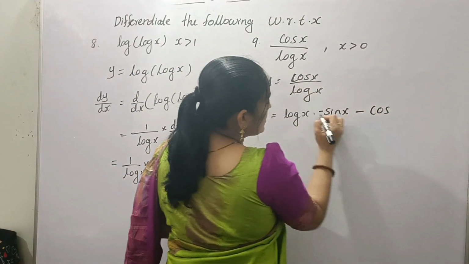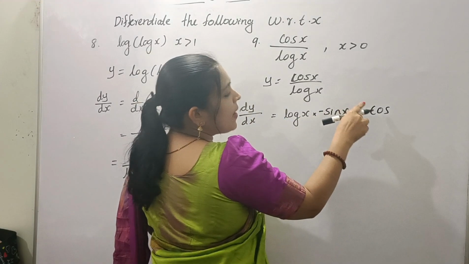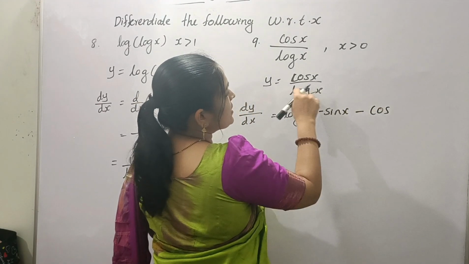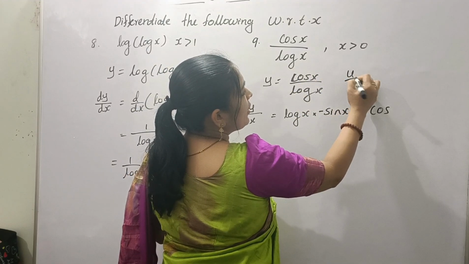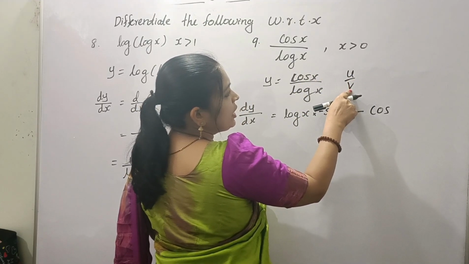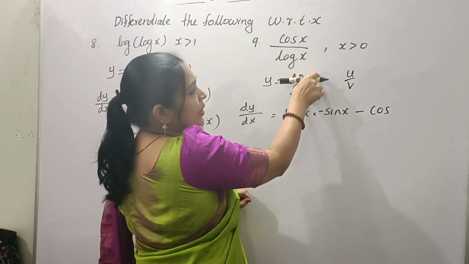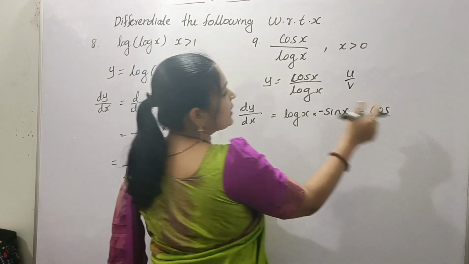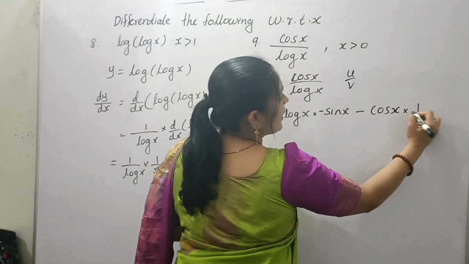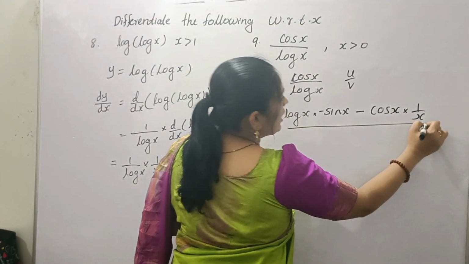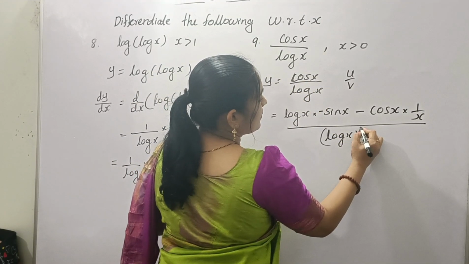So log x into minus sin x minus cos x. It is of the form u by v. We know that v into derivative of u, minus u into derivative of v, that is cos x into derivative of v, that is 1 by x, divided by v square, that is log x whole square.